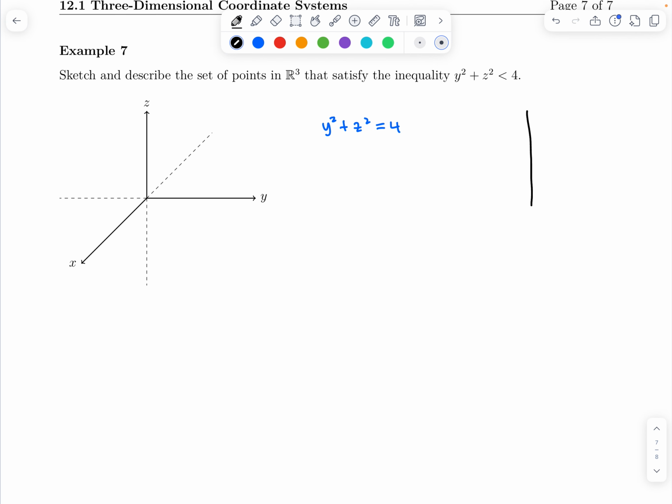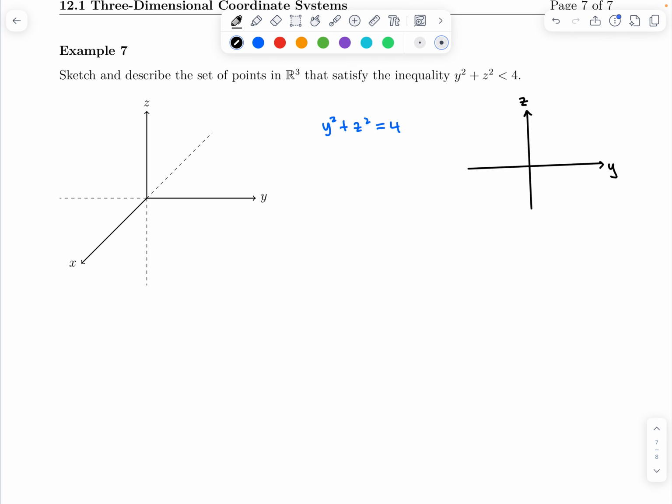So it's going to be helpful for us to first draw this in the YZ plane, because those are the two variables present in my equation. Recall that in the YZ plane, the standard orientation is to have Z pointing upward. It's the vertical axis, and Y is the horizontal axis. When I look at this equation, you might think, oh, this looks like a circle.